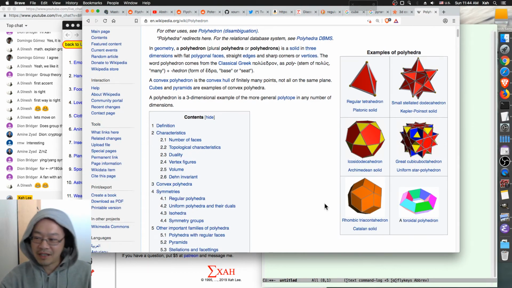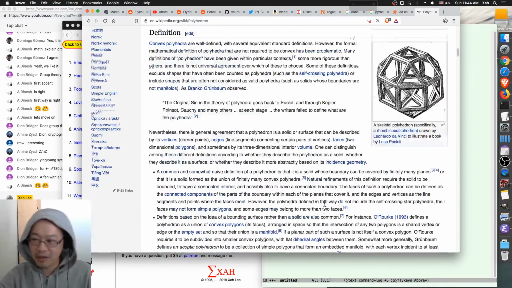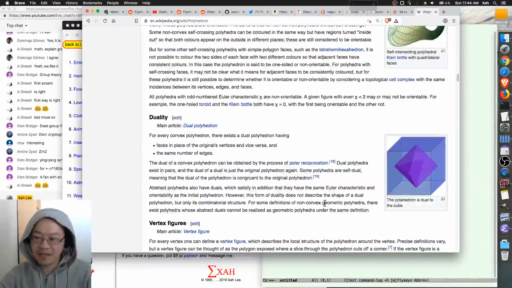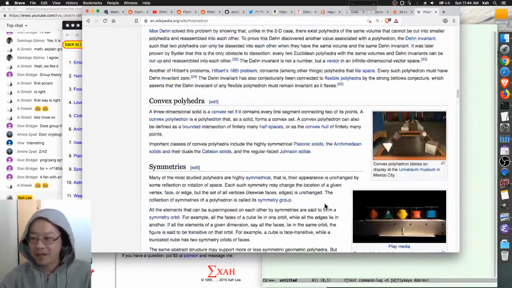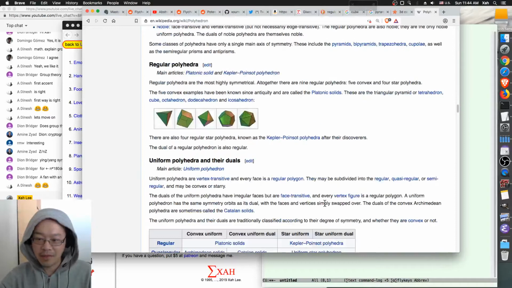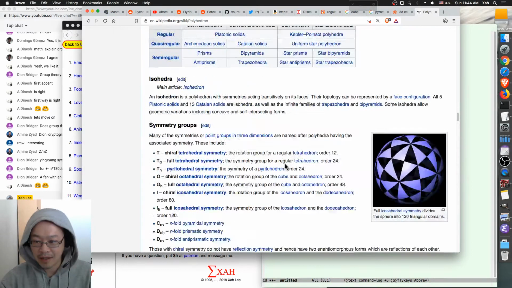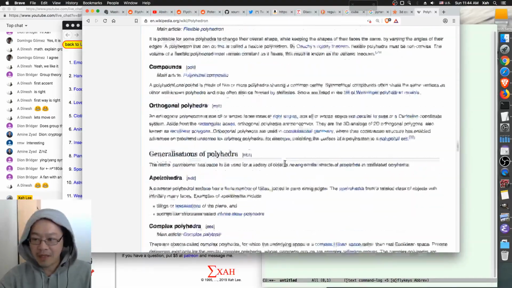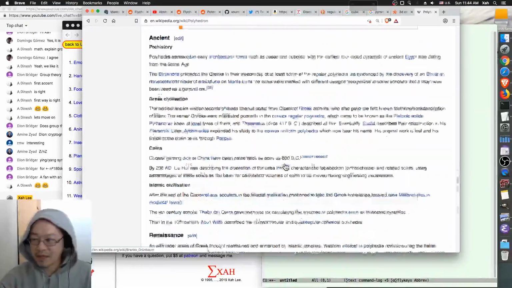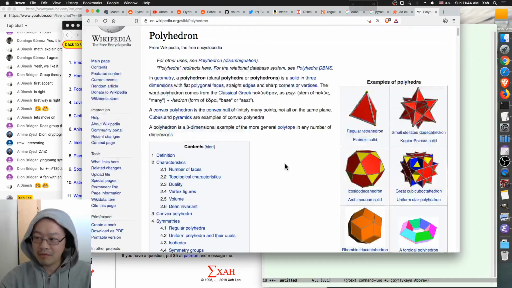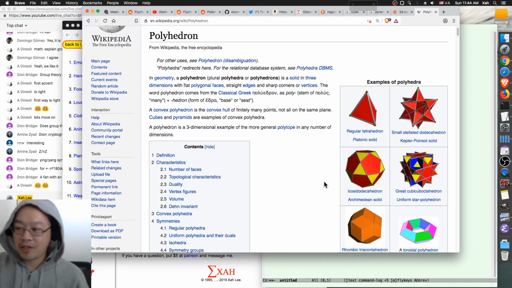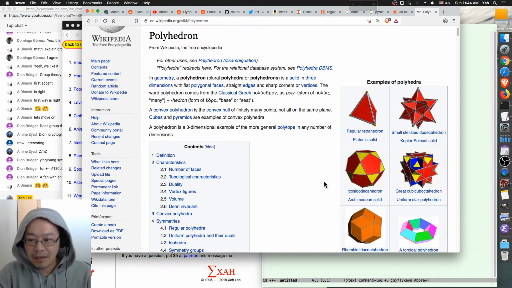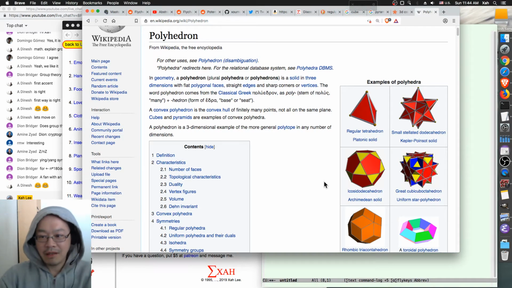You can see these are polyhedra. You've probably seen thousands of them, especially among programmers. You might already have written a program to draw them. So let's look at some examples. These are all polyhedra.